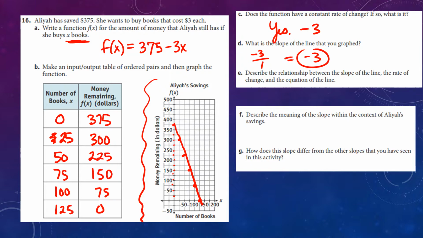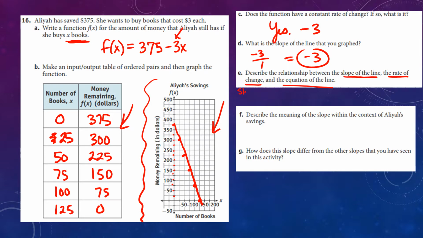Describe the relationship between the slope of the line, the rate of change, and the equation of the line. So we're talking about the slope from the graph, the rate of change from the table, and the equation of the line. So if you look right here, this coefficient of x, those are all the same number. So let's start with the slope of the line.